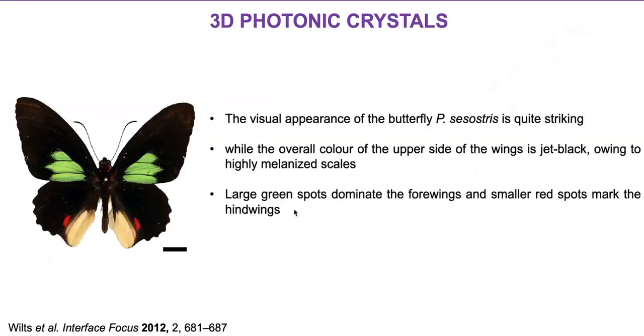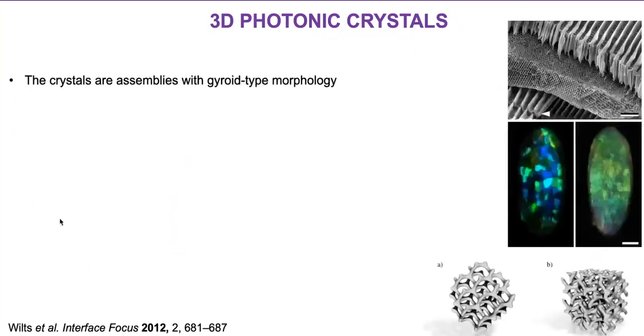And the large green color always dominates in the forewings. And then you have wings with the red patches here. And if you take now the cross section of this and look at the electron microscopy, you can see that the colors are very similar, for example, to opals.